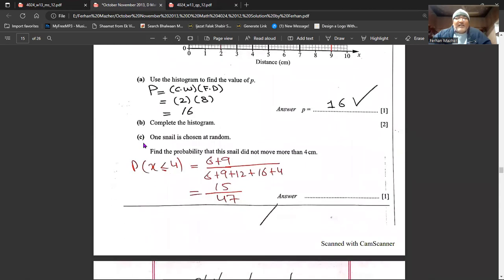Total are 6 plus 9 plus 12 plus 16 plus 4, which is 47. So the probability will be 15 by 47.